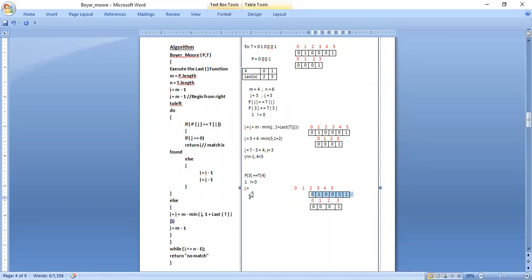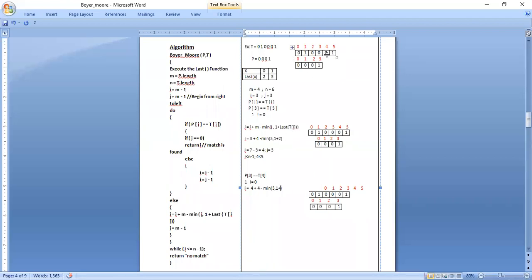So now, as 1 is not equal to 0, again I am finding the value of i. What is i? 4. Now 4 plus m. What was m? Length of the pattern, that is 4, minus minimum of j. What was my j? Here it was 3. And the last function of 1 plus last function of i, that is last of 4.